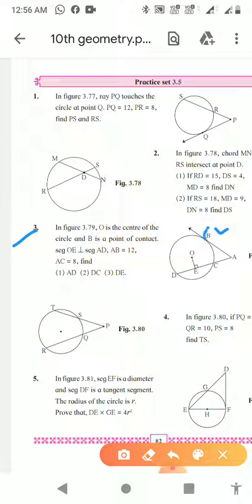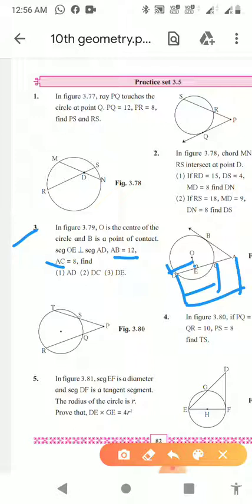Segment OE is perpendicular to segment AD. AB is 12 units, AC is 8 units. We have to find AD, then the distance DC, and then the distance DE.